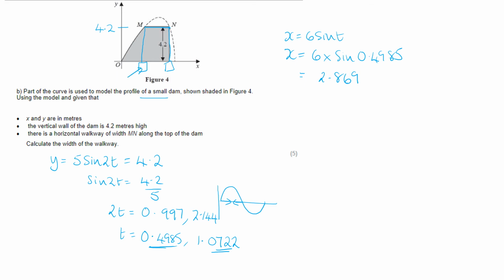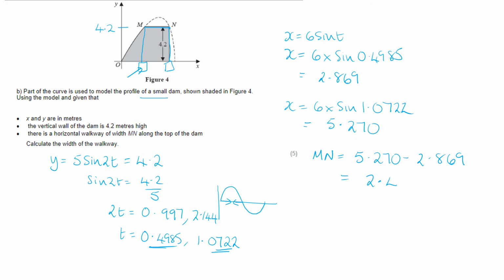And then if we put the other one in, x is equal to 6 times sine of 1.0722, and on your calculator, that comes out to be 5.270. So the width of the walkway, MN, is equal to 5.270 minus 2.869, which comes out to be 2.40, and that will be in meters.